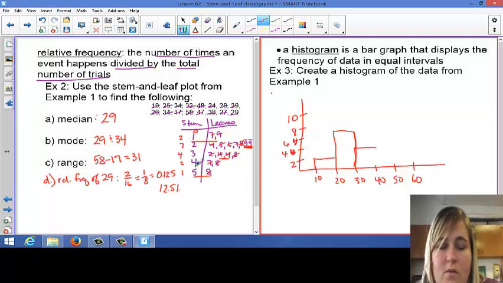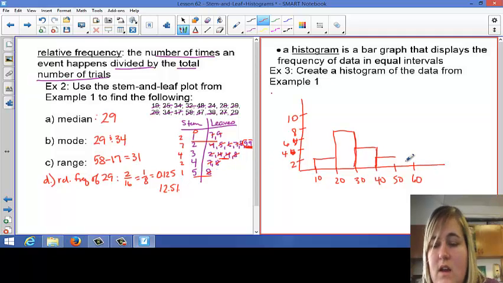And then from 40 to 49 I have 2. So I'll continue that line right there. And from 50 to 59 I have 1. So it's going to be about halfway to that too. Okay, so this is my histogram. Your bars should be equal width, and they should always be touching.